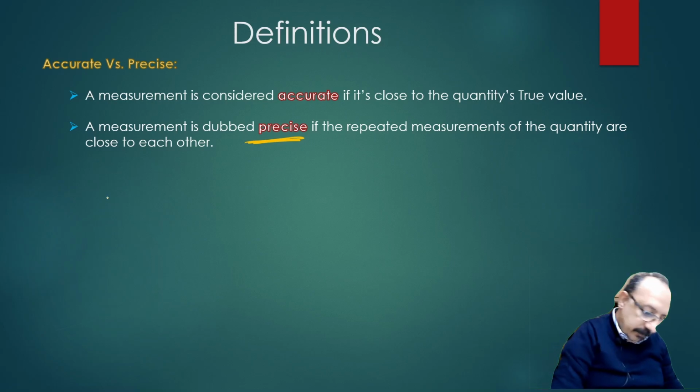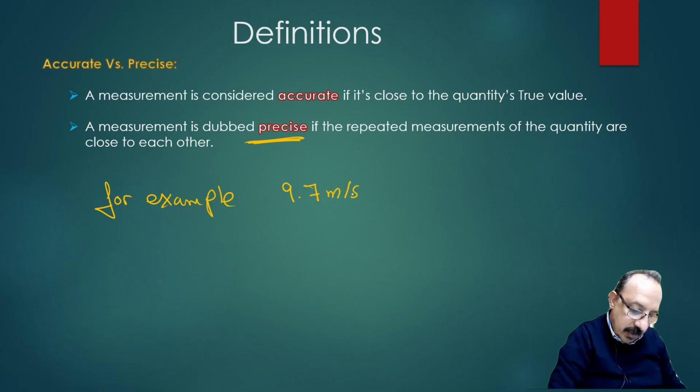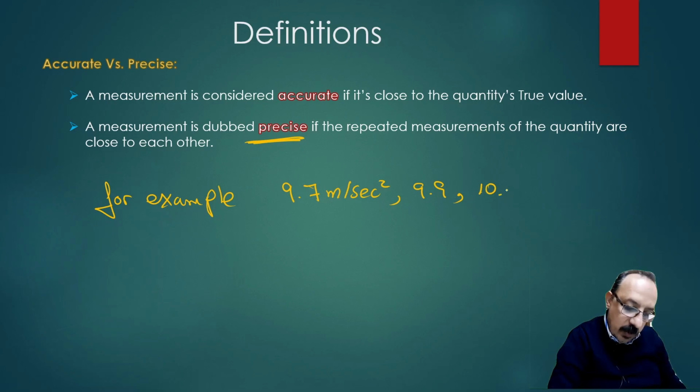For example, I measured 9.7 meter per second square. I measured 9.9. I measured 10.1.